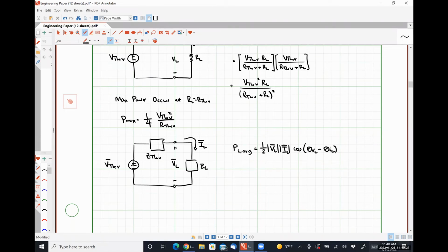This is literally the average power relationship that we came up with at the beginning of the class. Okay. Our average power is 1/2 Vm Im cosine theta V minus theta I, where we're explicitly stating that the voltage we're interested in is the phasor voltage VL, and the current we're interested in is the phasor current IL. Everybody okay with that?